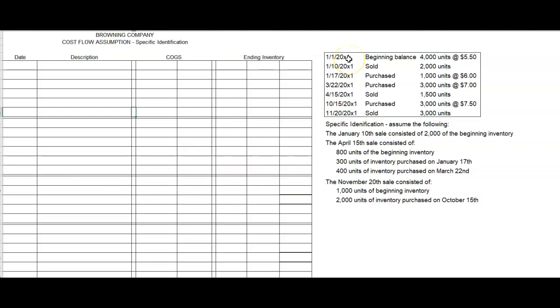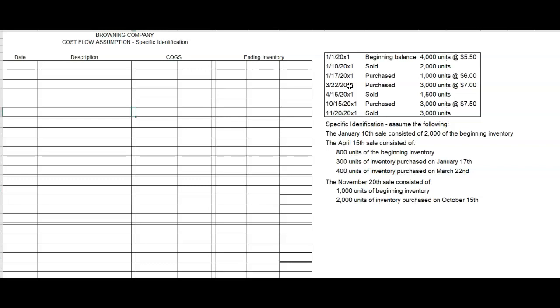Again, the cost flow assumption method will make absolutely no difference in inventory or cost of goods sold until items are sold from different layers of inventory. Therefore, the January 1st, January 10th, January 17th, and March 22nd transactions are all identical.